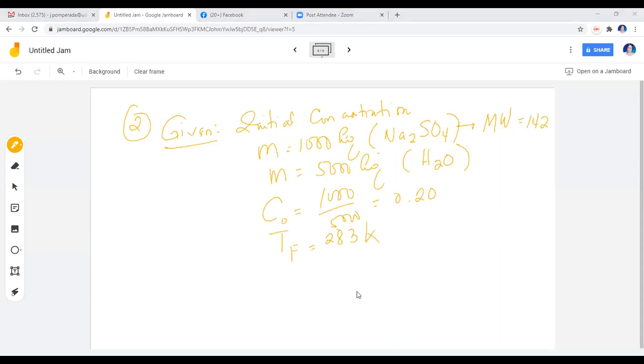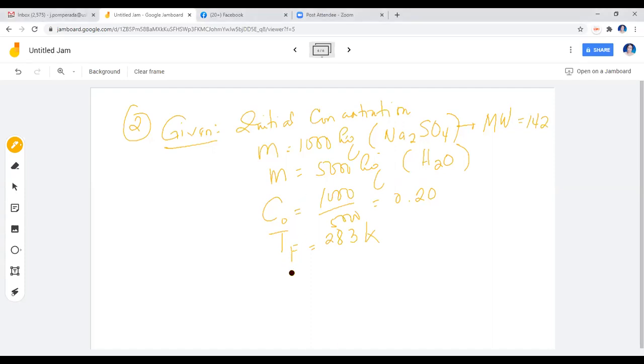Then it says that the solubility of sodium sulfate is 9 kilograms anhydrous salt per 100 kilograms water. Now, this phrase says that the solubility of sodium sulfate is 9 kilograms anhydrous salt per 100 kilograms water, which tells you that this is already the final concentration of your solution containing the crystal. So I'd like to write it that way.